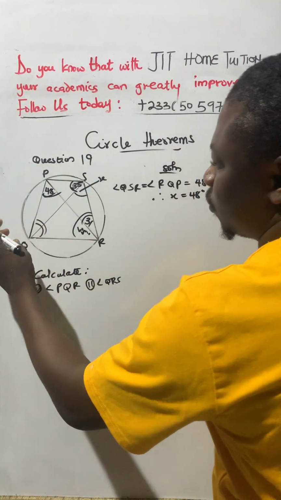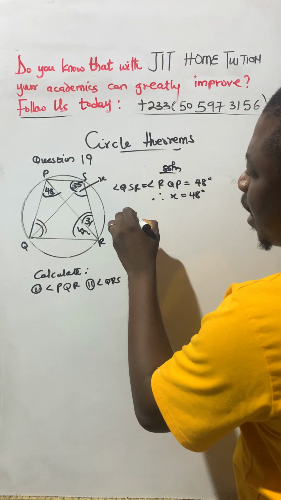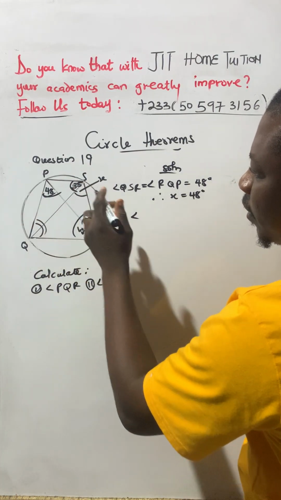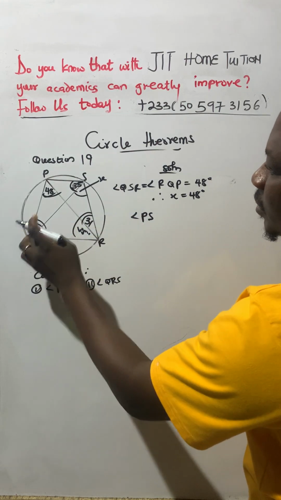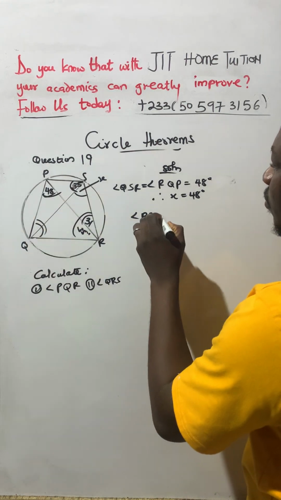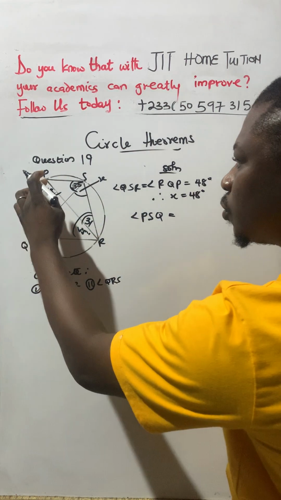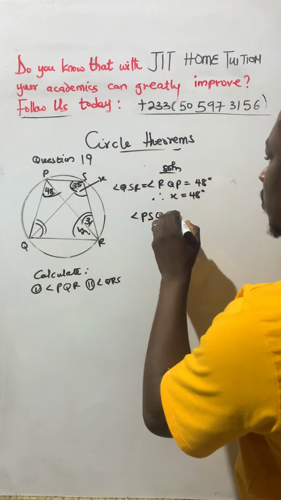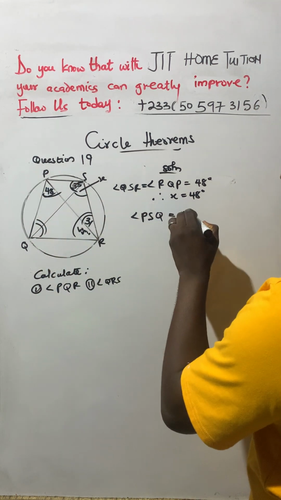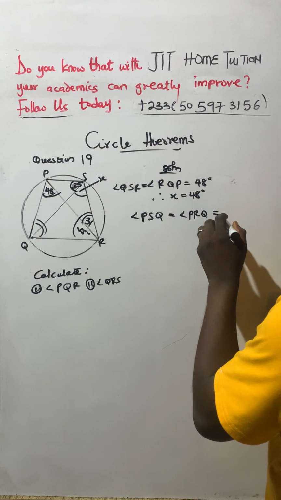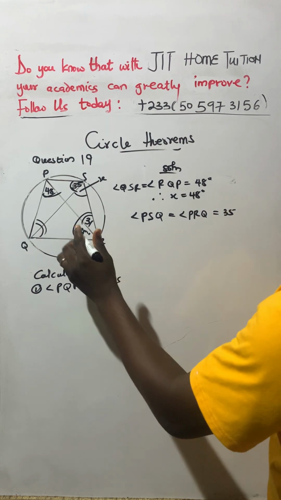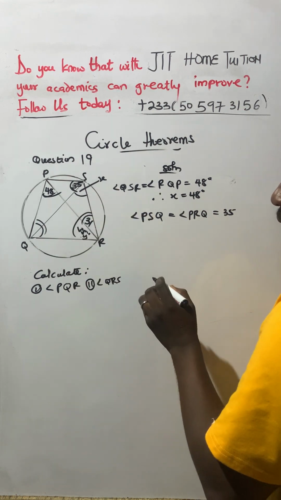So that means that angle PSQ is equal to angle PRQ, and it will be 35. Let's say that probably this side is y.